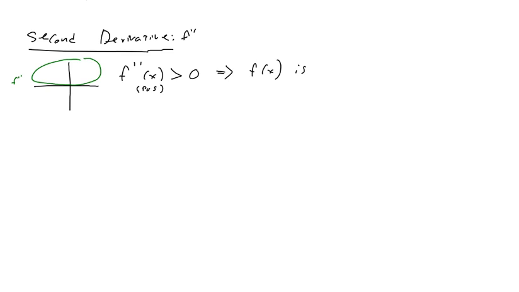So if f double prime is positive, f is concave up, and that looks like this. Concave up, meaning the graph is a U, a positive U. f is concave up if f double prime is positive.